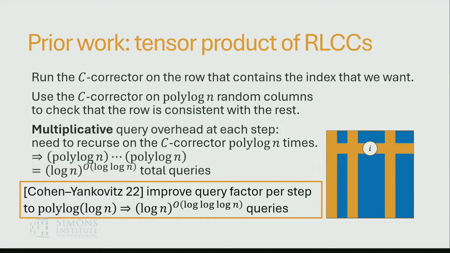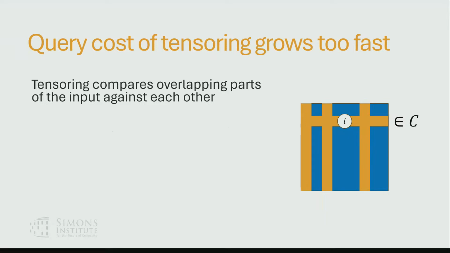But the reason that I'm showing this on the slide is that I want to emphasize that these two techniques incur this multiplicative query overhead because you have to recurse on the smaller code's corrector multiple times. Tensoring and also the technique of Cohn and Yankovitz, which they call row evasive partitioning, work because you're leveraging this column against all of these rows.